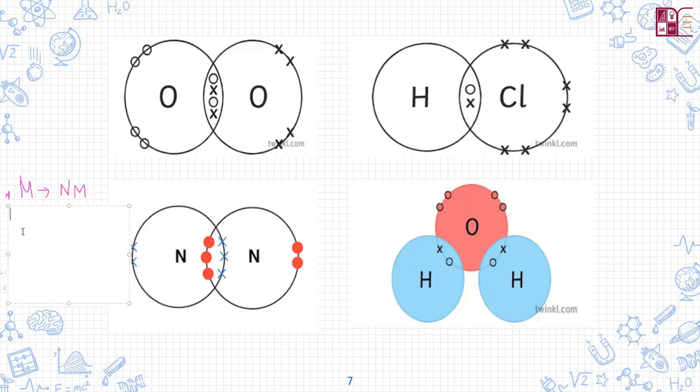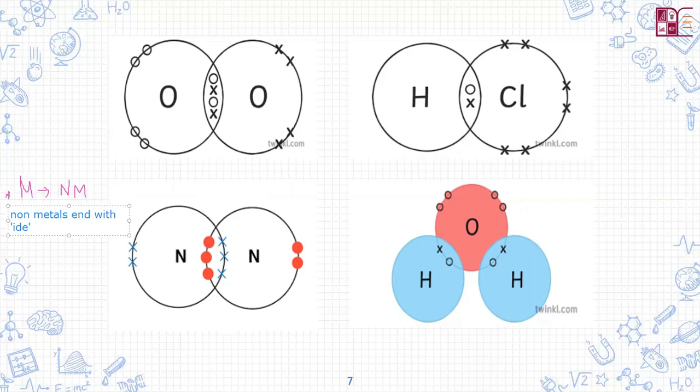So always the metals come first, and then non-metals. Then, if there are metals and non-metals in a compound, the non-metals, for example oxygen and chlorine, are non-metals, so they end with ide.